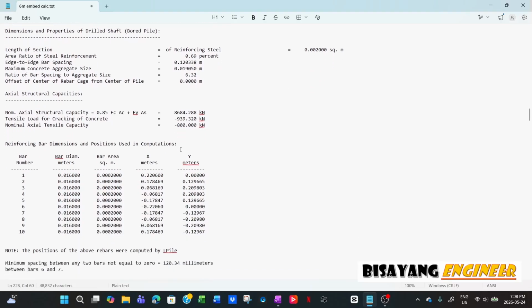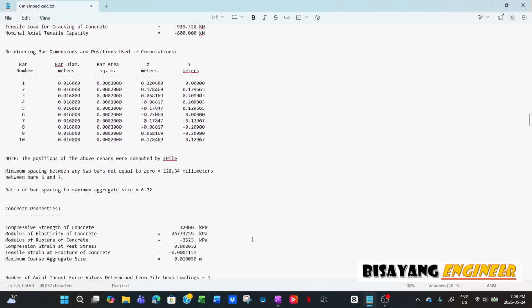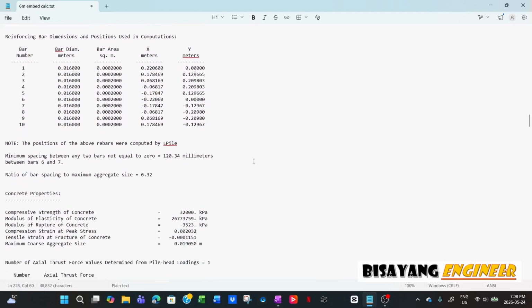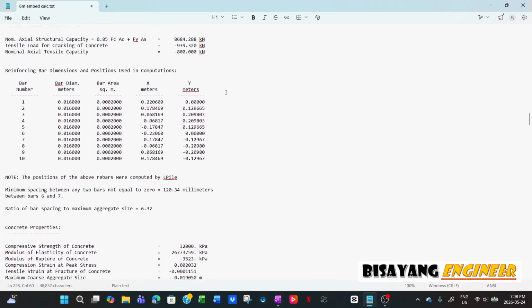So this is, I think, 1,200 a month. Can't remember. But after I experienced using this at the other company, when I joined back to where I work now, I really convinced them to buy this software, especially since we have a geotechnical department.